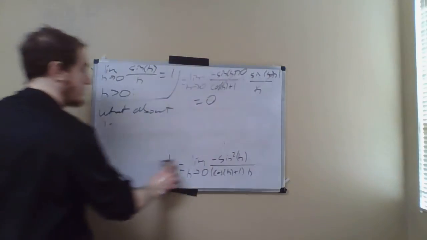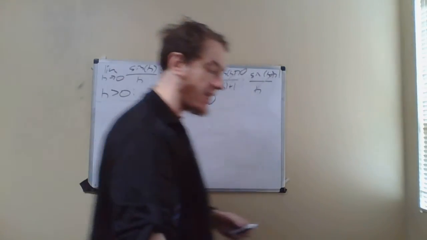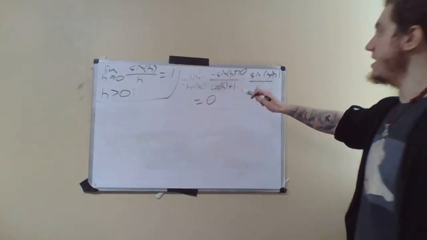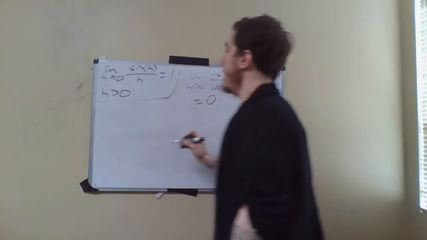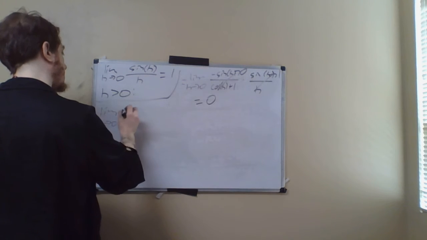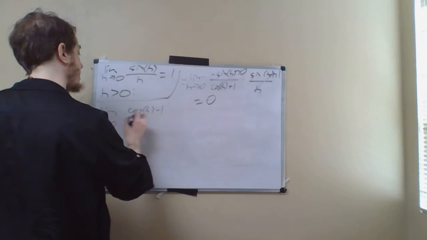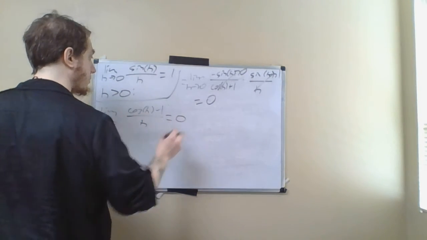So, remember what we were trying to do back at the start was to actually figure out the derivative of sine. Go back and plug in. We just figured out that the limit of sine h over h is equal to 1, and we just showed that the limit as h goes to 0 of cosine of h minus 1 over h is equal to 0.